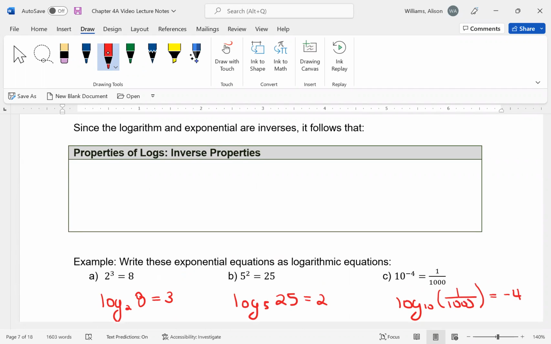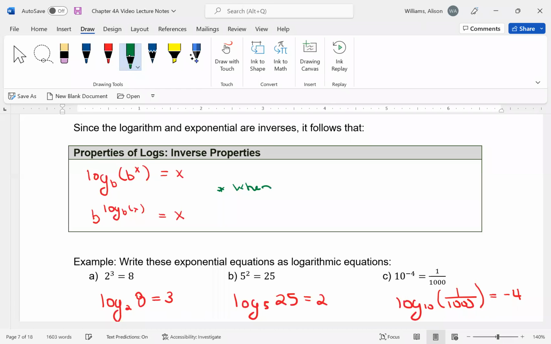So if you take the log base b of b to the x, so these are the two things that are inverses of each other, it's going to equal x. And if you take b and raise it to log base b of x, it's going to equal x.